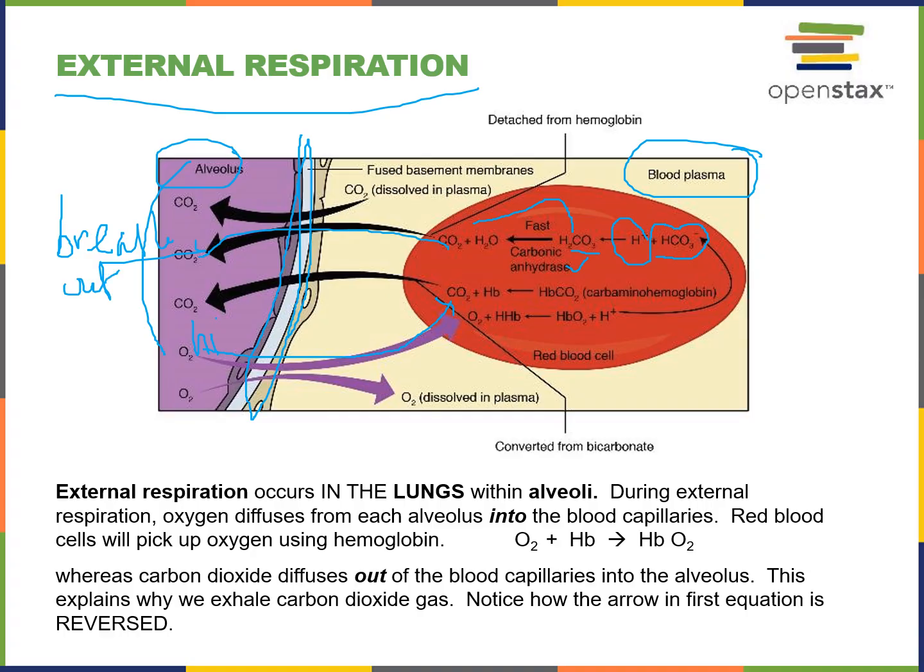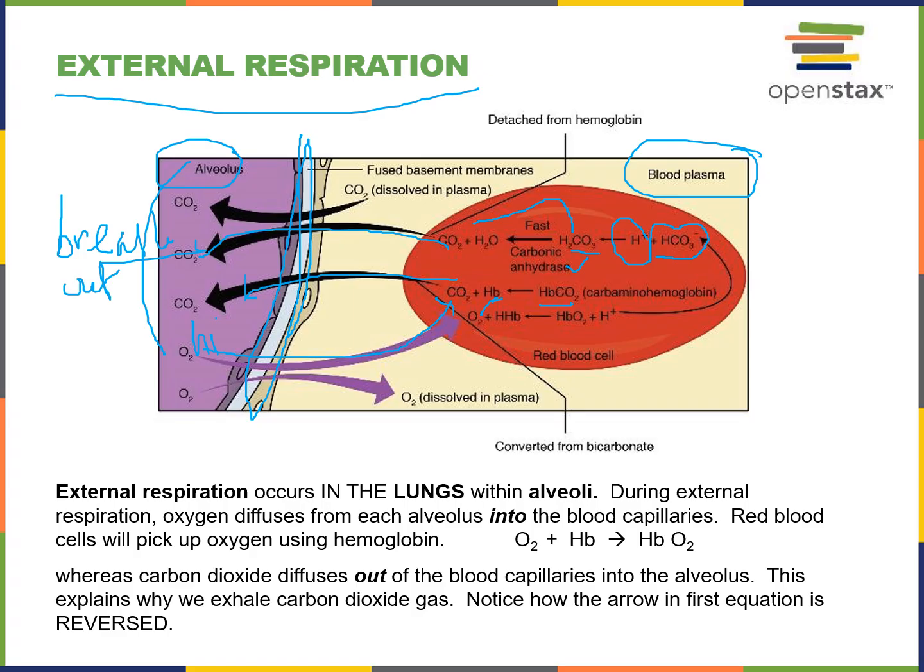A small amount of the carbon dioxide was bound to hemoglobin, so that's called HbCO2, carbaminohemoglobin. And that also dissociates again and releases its hold on the hemoglobin so that the hemoglobin is free to bind oxygen. And so that carbon dioxide also diffuses into the alveolus.